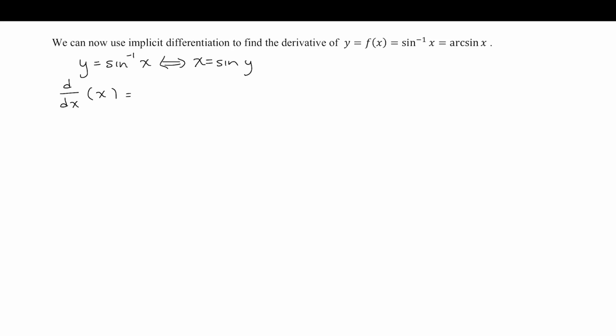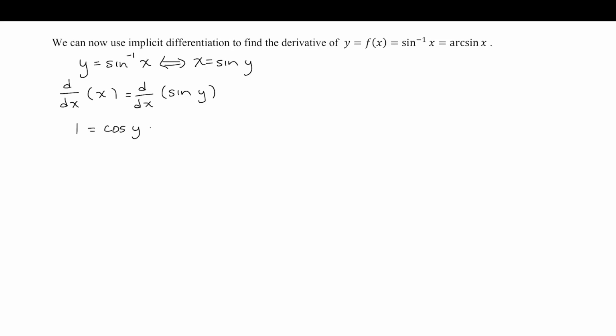And that's the fact that I'm going to use to figure out this derivative. I'm going to use implicit differentiation, finding the derivative with respect to x of both sides of the equal sign. So the derivative of x with respect to x, of course, is 1.